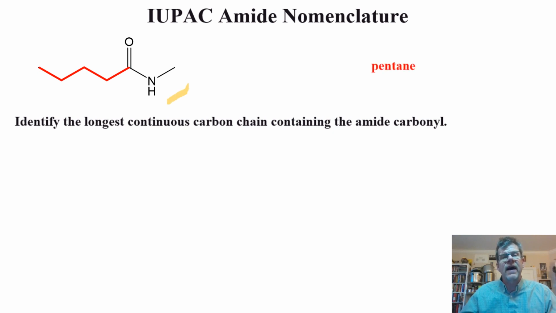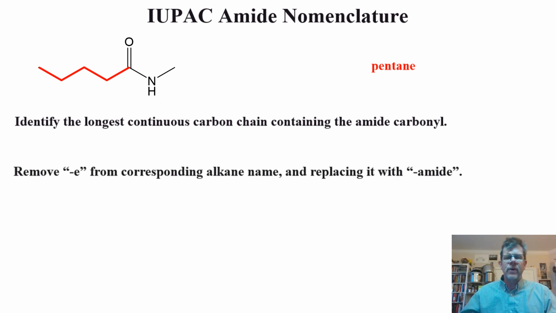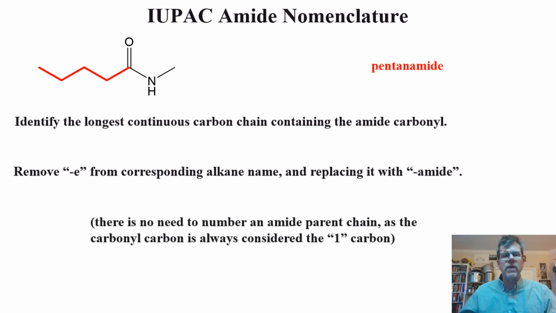We would analyze this and recognize this as an amide structure, a nitrogen adjacent to a carbonyl carbon. So we remove the E from the corresponding alkane name, pentane, and replace it with the suffix amide. Pentane becomes pentanamide. Now, just like aldehydes and carboxylic acids, that carbonyl group is always on an end, so there's no need to number this amide parent chain.